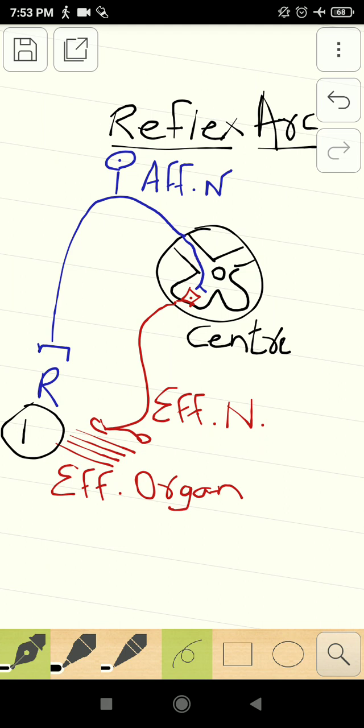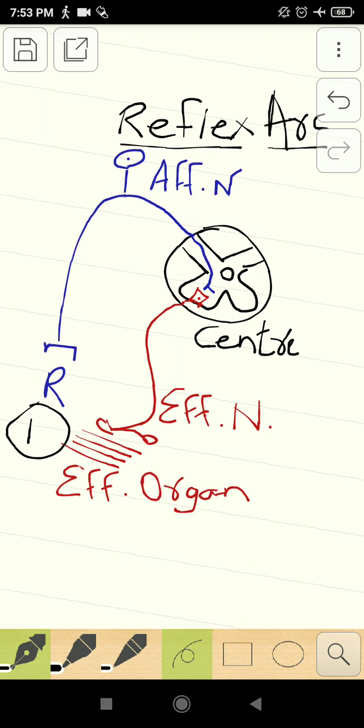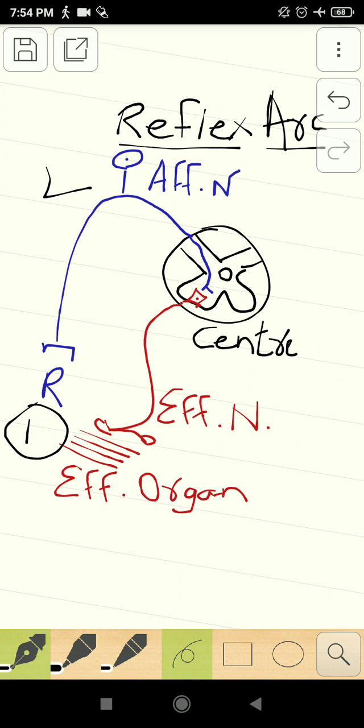For example, the pain receptor is a free nerve ending. So whenever a painful stimulus is given, this free nerve ending will pick up that painful information. The neurotransmitter of that is substance P. So that is the receptor. The second component is the afferent neuron. What is this afferent neuron? It is a neuron which connects the receptor to the center.